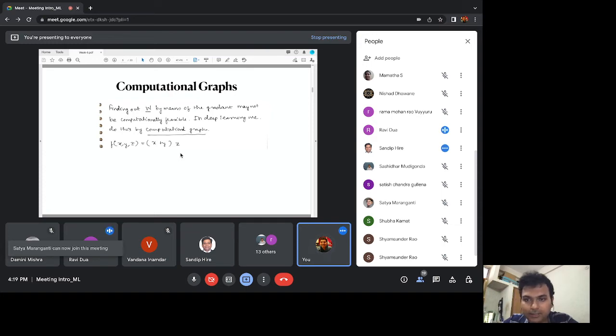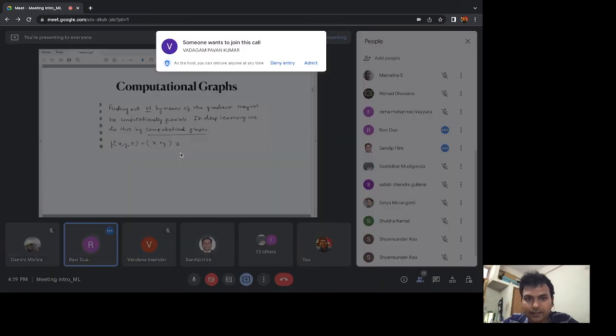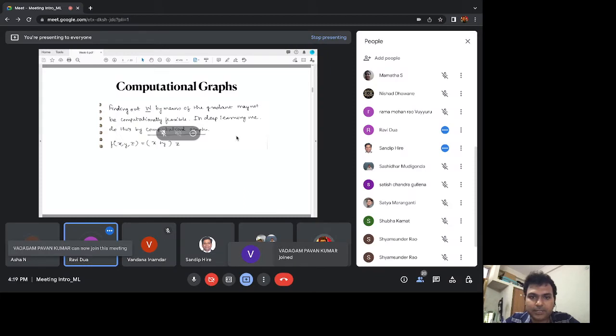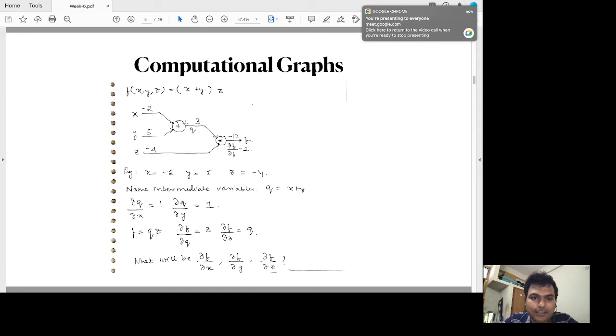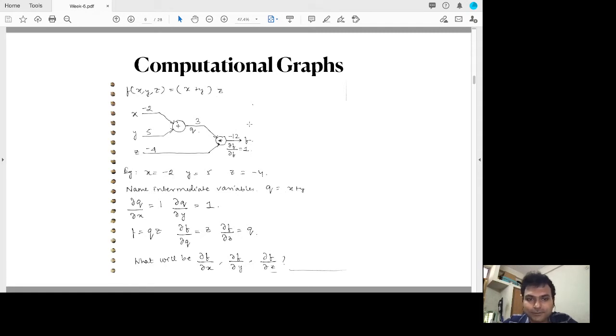Addition and multiplication. And what are your inputs for this function? X, Y, Z. So that is precisely what you do. You take x and y, you add them up, you take the summation and you multiply it with z. And that is your function f. Is this clear now?